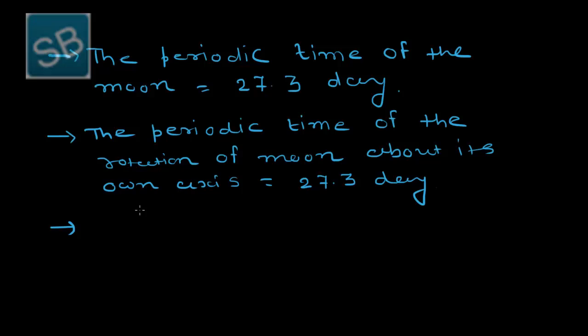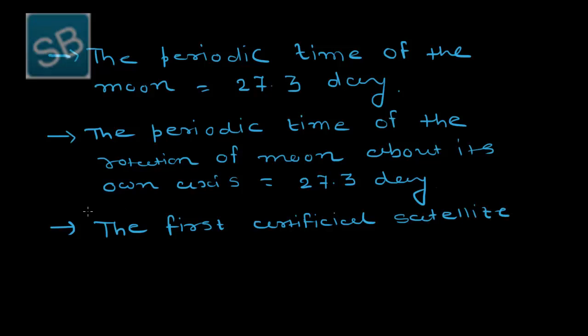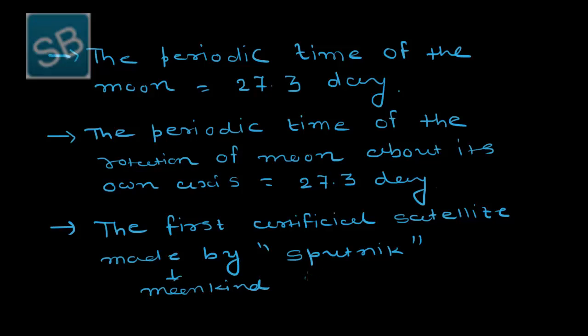Now, we have studied something about natural satellites, but the first artificial satellite made by mankind was Sputnik, spelled not with K, it is actually C here.